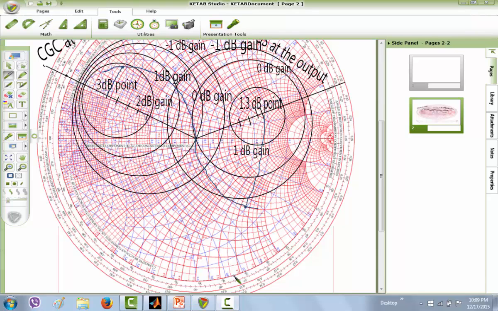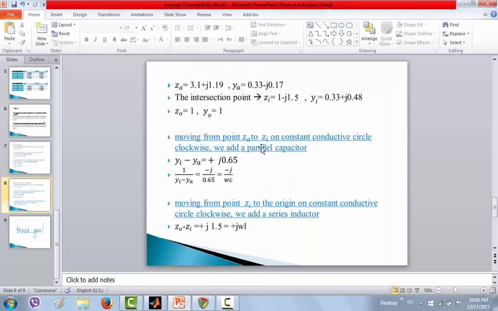Now, to find the values of the inductor and the capacitor that we added, since we moved from YA to the Y intersection, we subtract Yi minus YA, and this equals j0.65. Then 1 over Yi minus YA equals minus j over 0.65, and this will equal minus j over omega C. From this equation we can find the value of the capacitor.